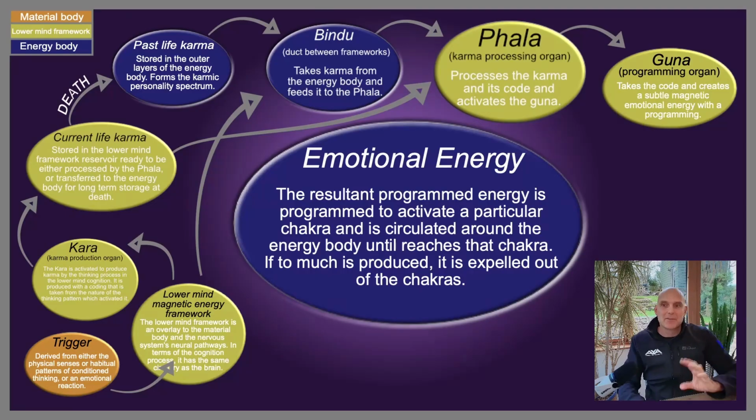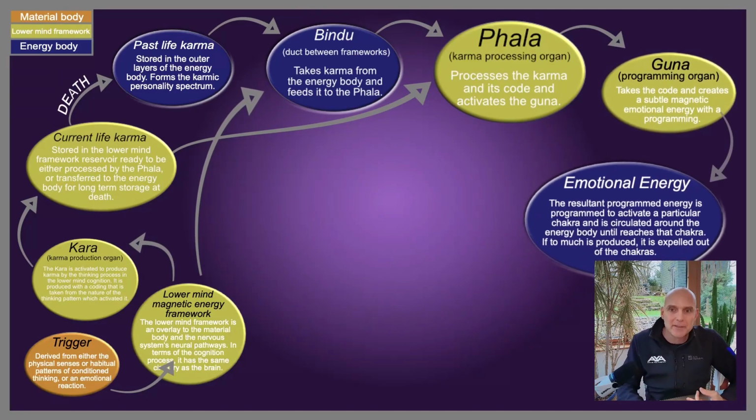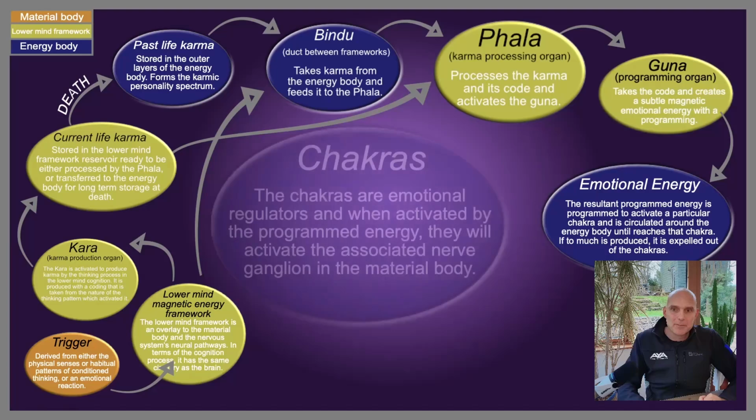But it's a very important part of the karma emotion engine, emotional energy. It's part of our emotional cycle. So an emotional energy with a particular programming which relates to the karma that was processed, that emotional energy then circulates and then activates a particular chakra.